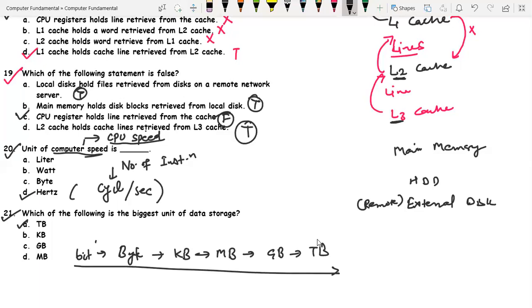Here 8 bits, here 1024, 1024, 1024, 1024. Any doubt up to this point? No, straightforward. Good. So today we stop at this point.